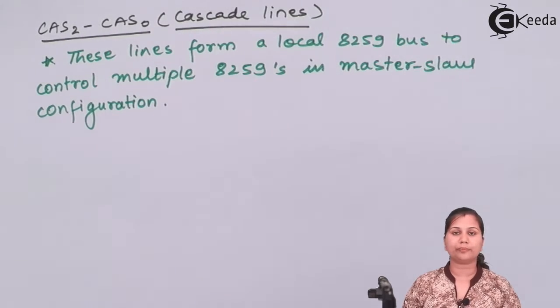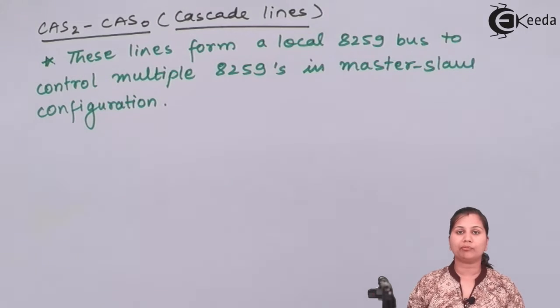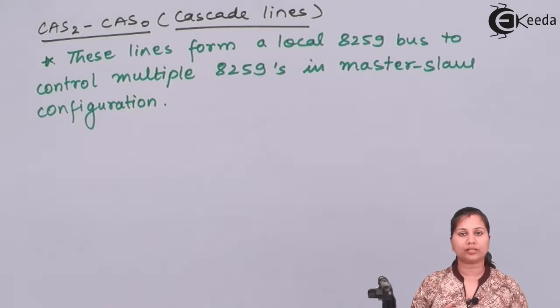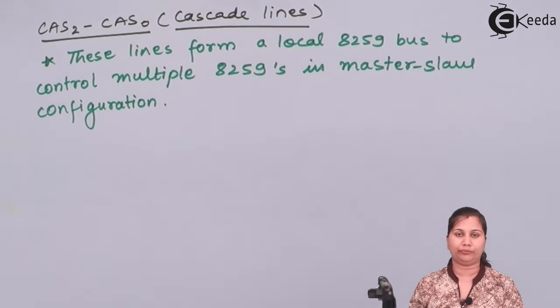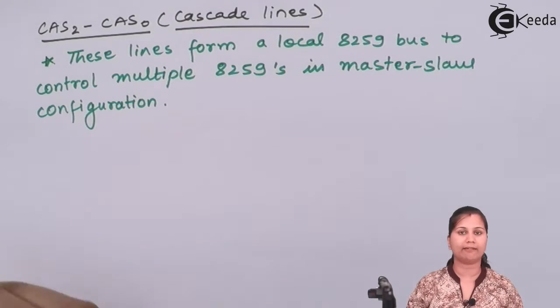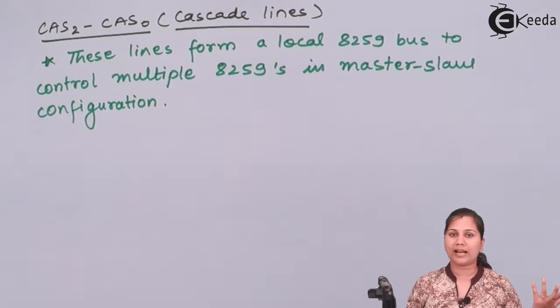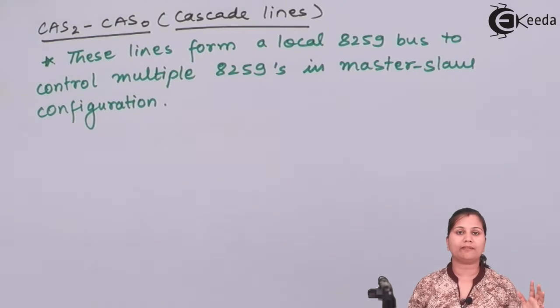Now, a single chip of 8259 IC can handle 8 interrupt lines. If we want to handle more than 8 interrupt pins, then we can use a number of 8259 ICs, and these ICs are connected in the master slave configuration. So one IC will be the master, and the others will be slaves. In this way we can handle multiple interrupts.